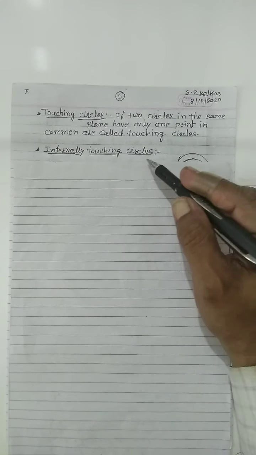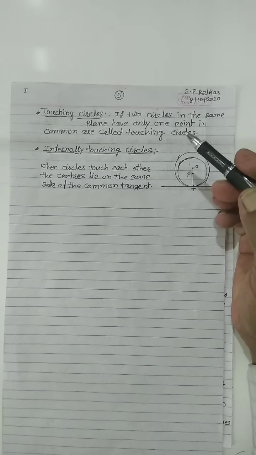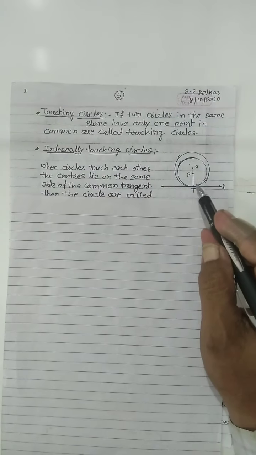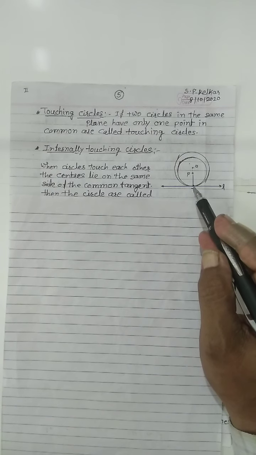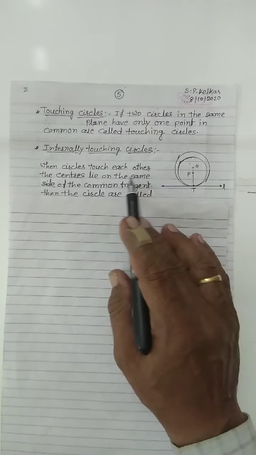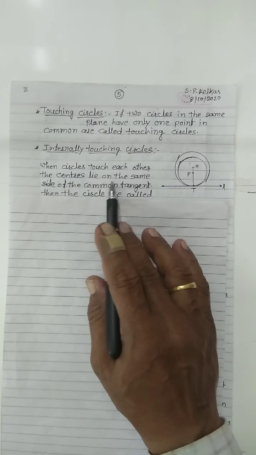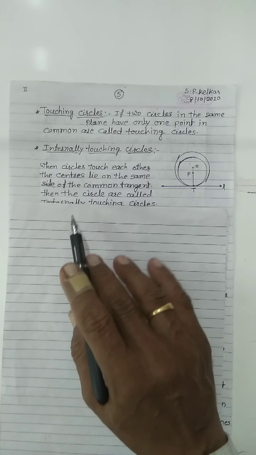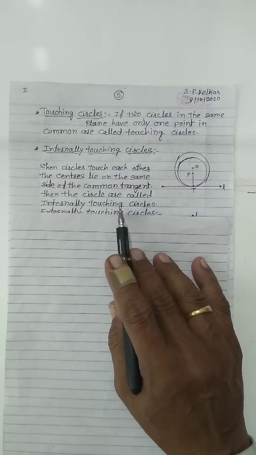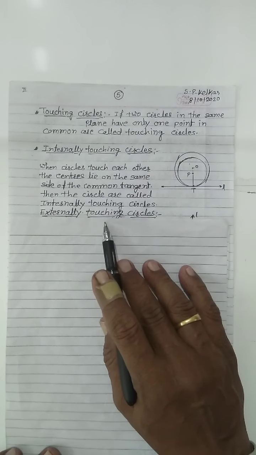Now, internally touching circles. In this figure these two circles are internally touching circles. When circles touch each other and the centers lie on the same side of the common tangent, the circles are called internally touching circles.